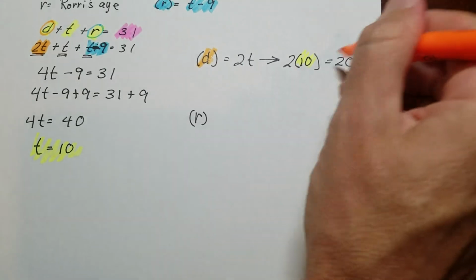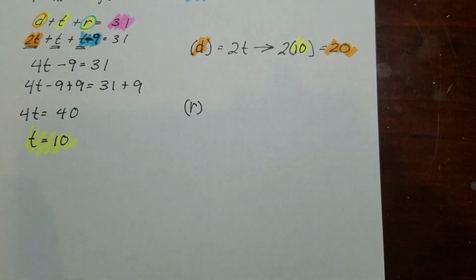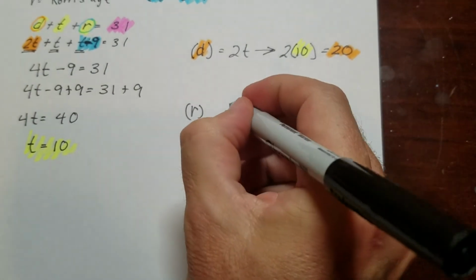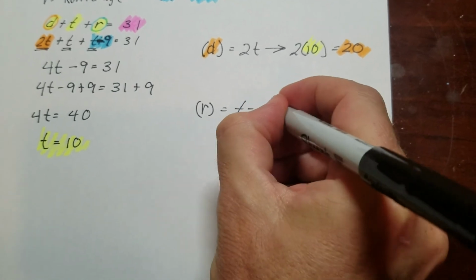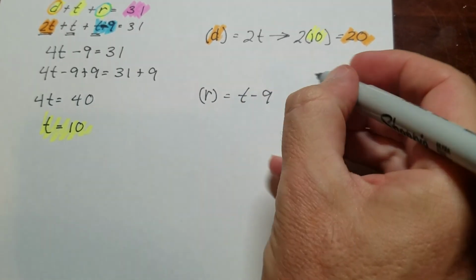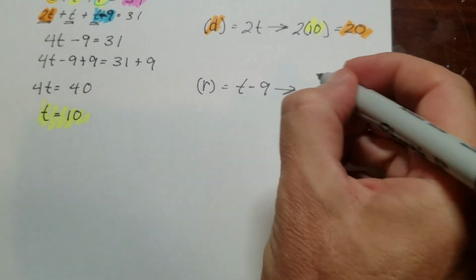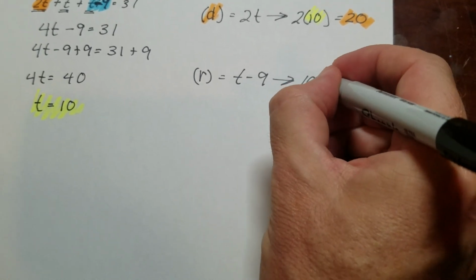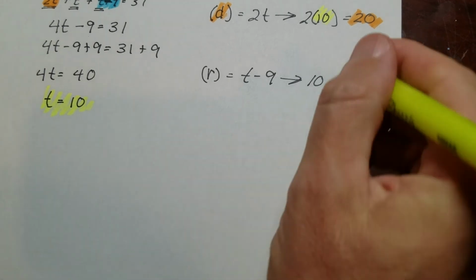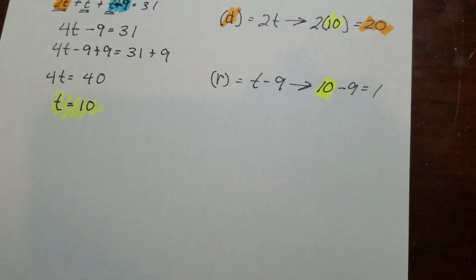So Dory is 20. And then Rory, we know, was T minus 9. So I'm going to go ahead and pop a 10 in for T minus 9. And we know that now Rory is only 1 year old.